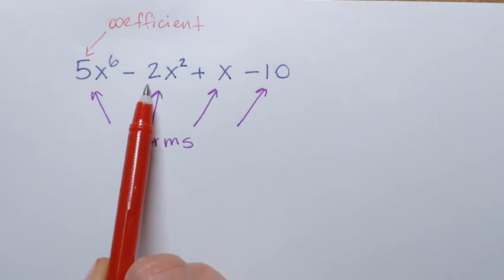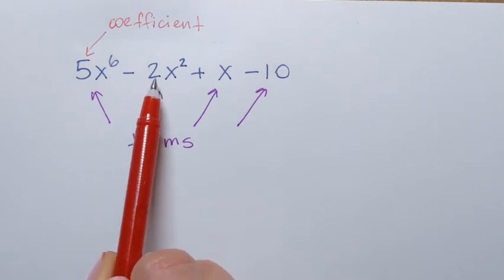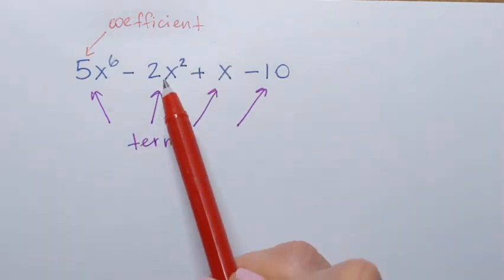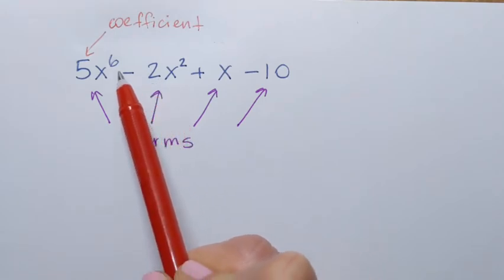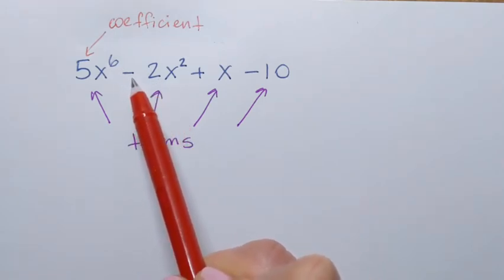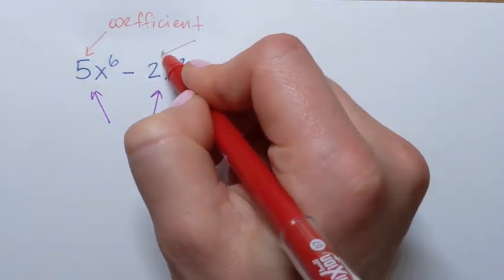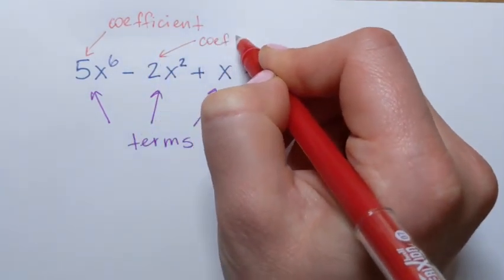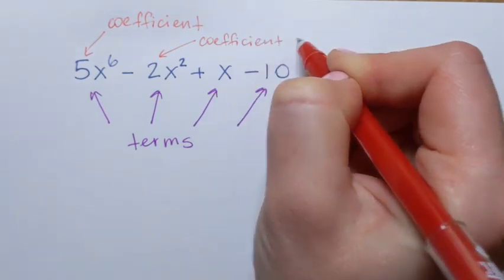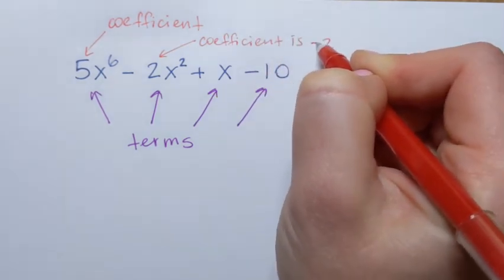Well, the coefficient of the second term is -2. When we describe a coefficient, we always include the sign that's in front of the number. So coefficient is -2.